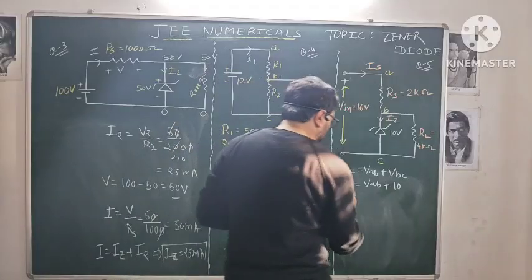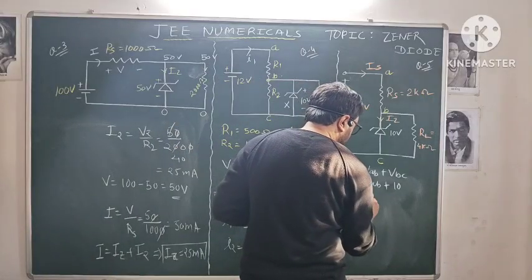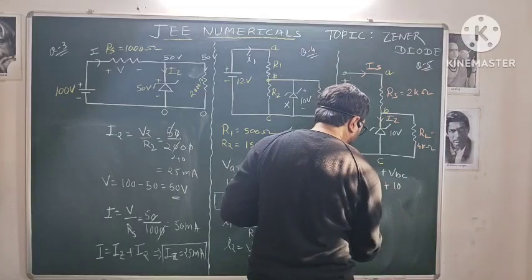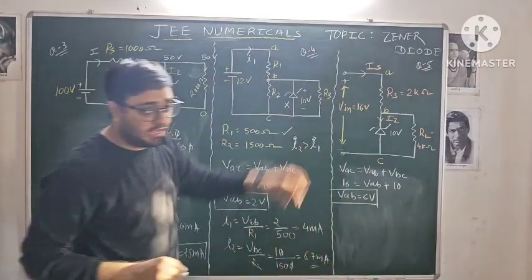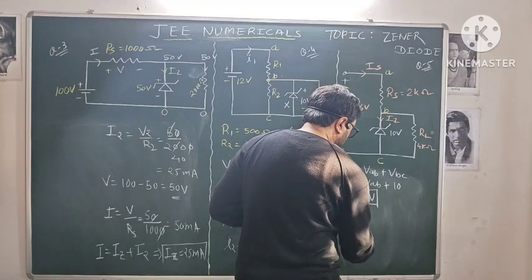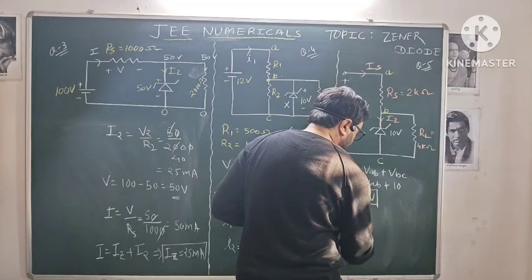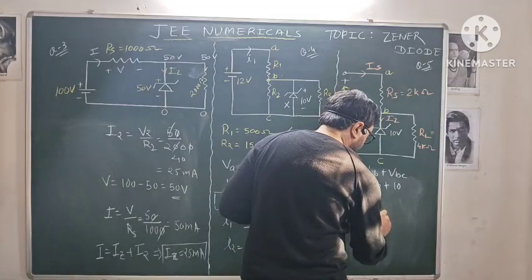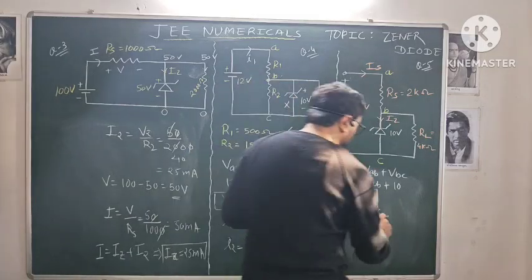Okay, so VAB we can easily get as 16 minus 10, that is 6 volt. Now we need to find out the current across the RS resistance. So I is VAB upon RS. So VAB is 6 volt and RS is 2 kilo ohm.